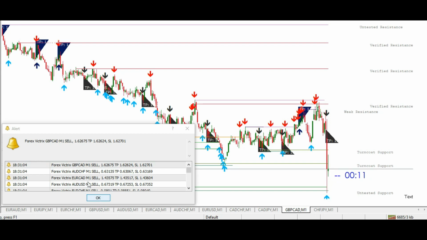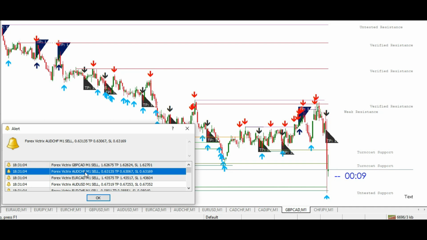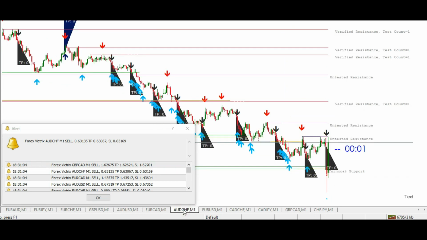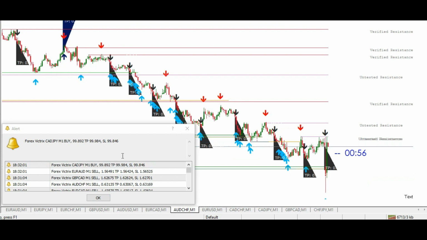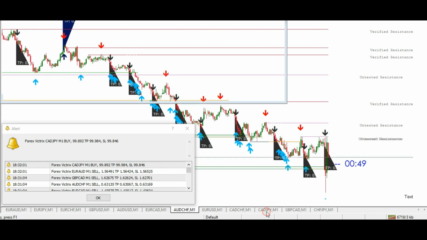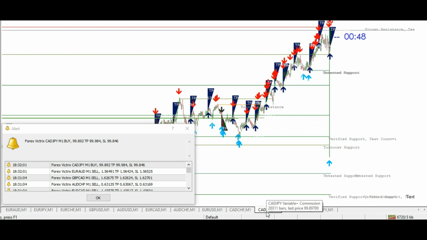AUDCHF also. The signal is AUDCHF. So AUDCHF, the sell signal here.